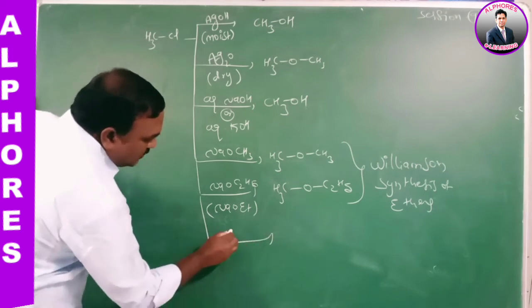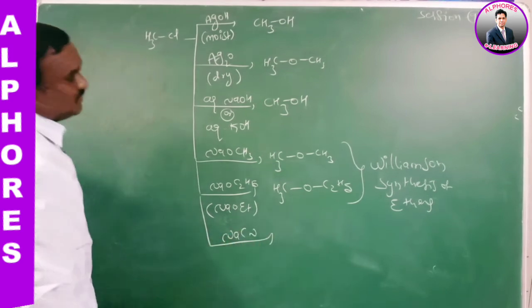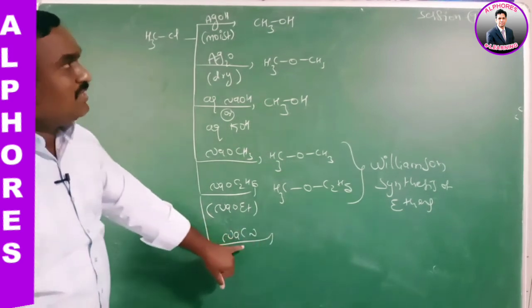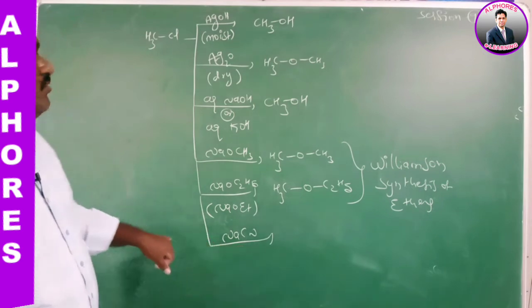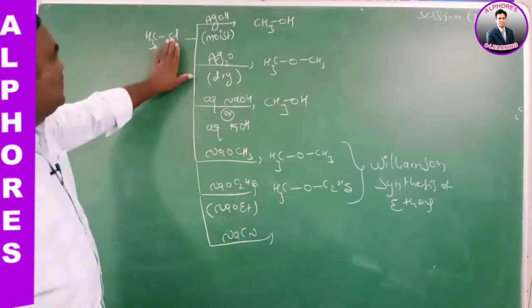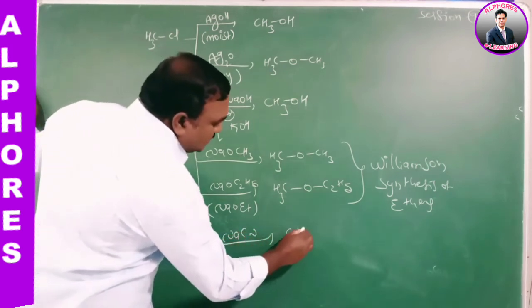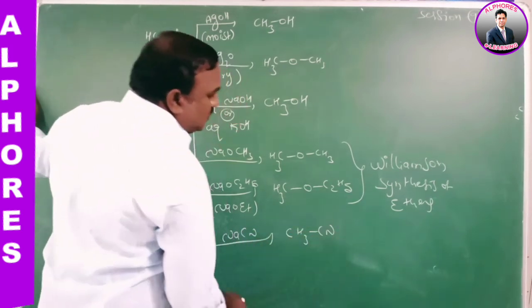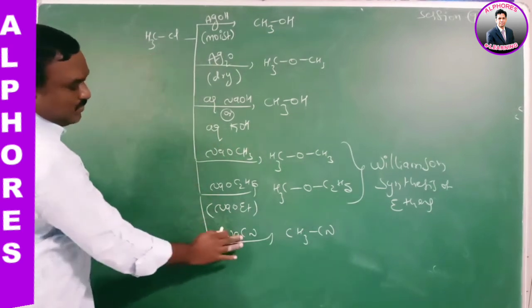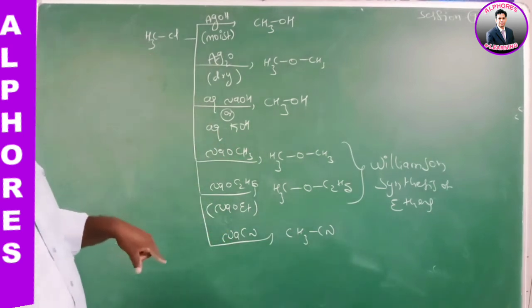For example, here NaCN is given. CN- is the nucleophile here, and Cl- is the leaving group. Cl- is substituted by CN-, so the final product is the cyano product, methyl cyanide.